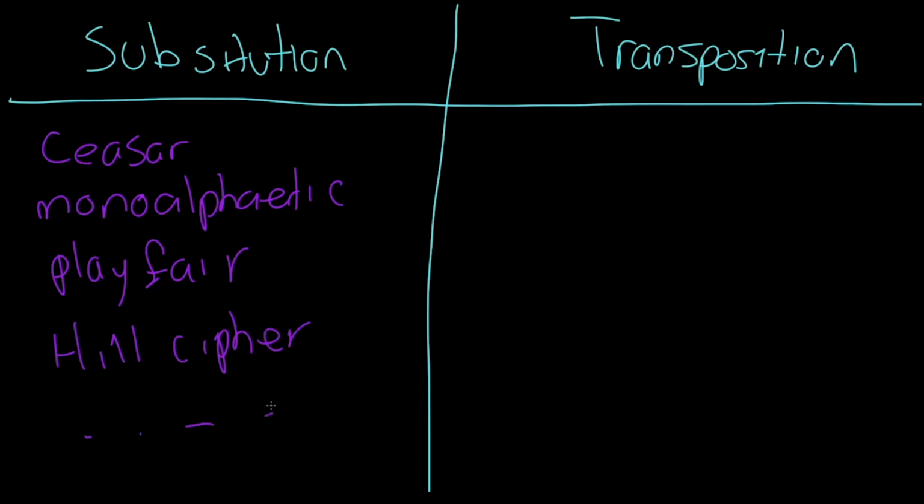And again, substitution replaces. Okay, so these ciphers actually replace an element in your plaintext with something completely different. It could be letters, numbers, symbols. It could be anything. So over in the transposition techniques category, we have the rail fence, and we also have the row transposition.